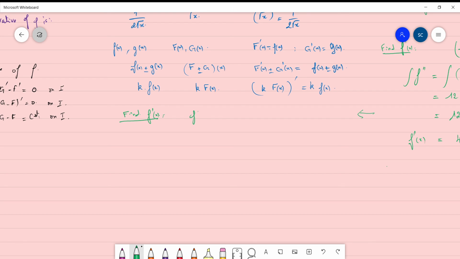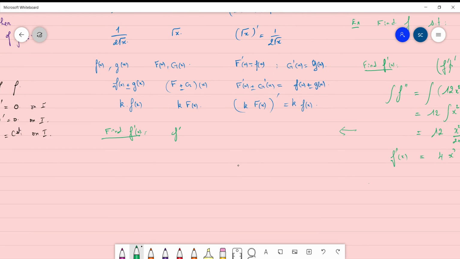Since f' is the derivative of f, if I derive f, I will get f'.